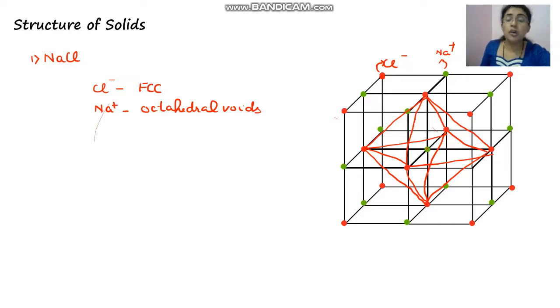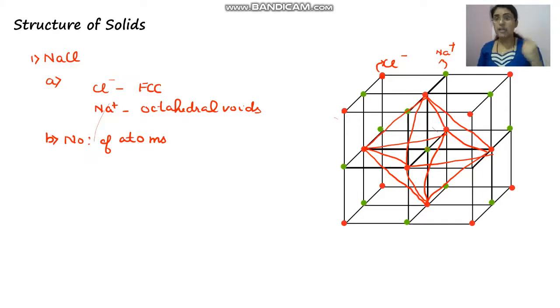Then to talk about the number of atoms in the unit cell, this is the unit cell representation given here as a picture. The first thing was where they are present; let us now talk about the number of atoms. Every chlorine atom is present at the corners, and there are 8 corners, so 8 into 1 by 8, that's 1.